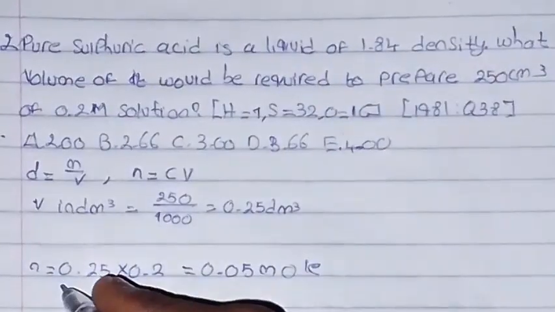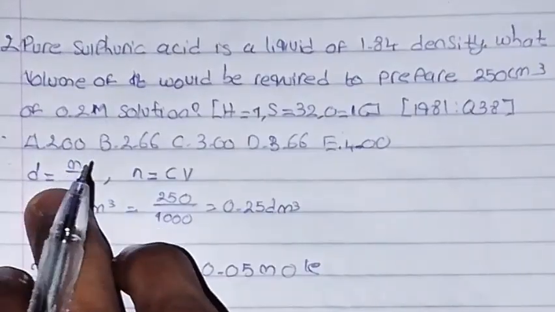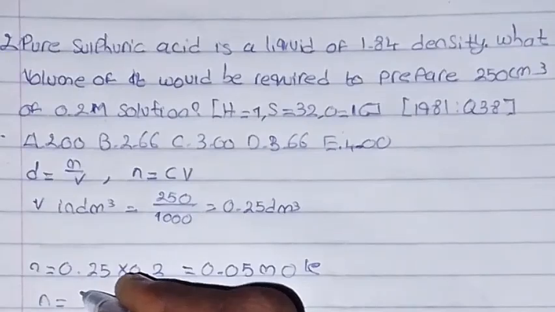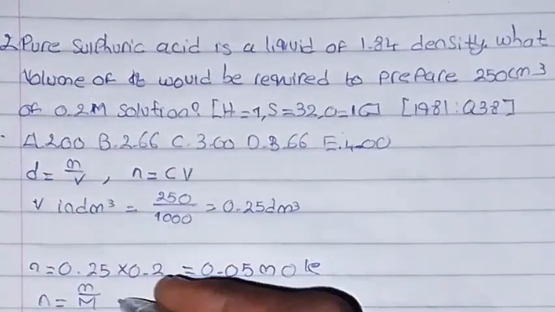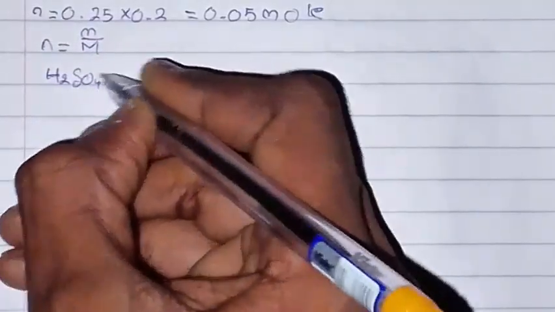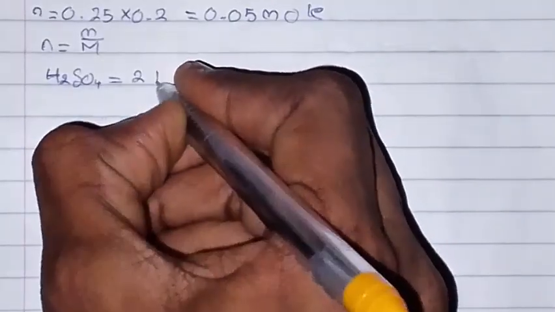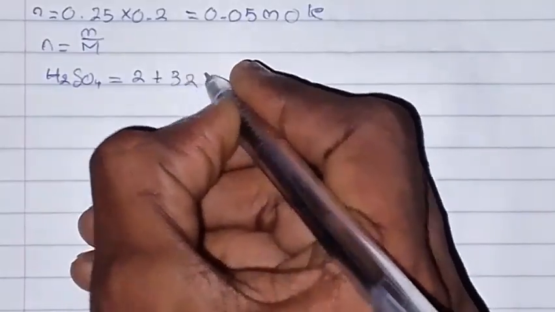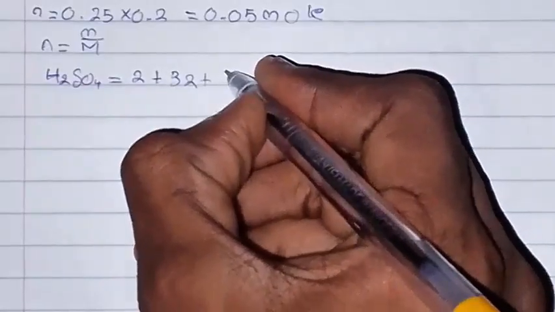Now we need to convert mole to mass because that's where we can input density equals mass over volume. To convert mole to mass, as we said in question 1, N is equal to mass divided by molar mass. The molar mass of sulfuric acid, H₂SO₄, is made up of 2 moles of hydrogen, that's 1 times 2, plus 1 mole of sulfur, that's 32, plus 4 moles of oxygen, which is 16 multiplied by 4, that gives us 64.